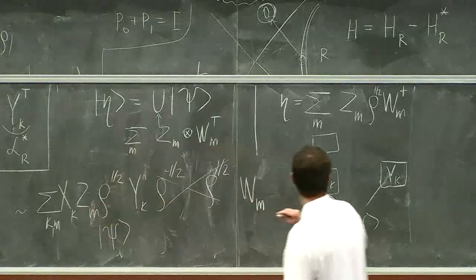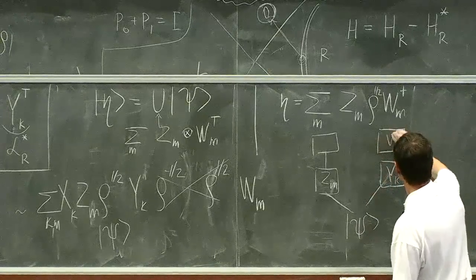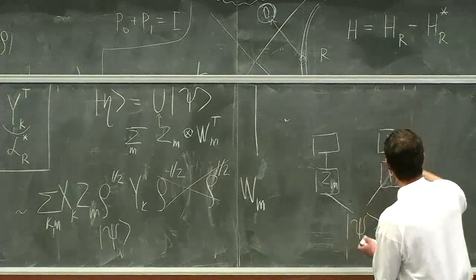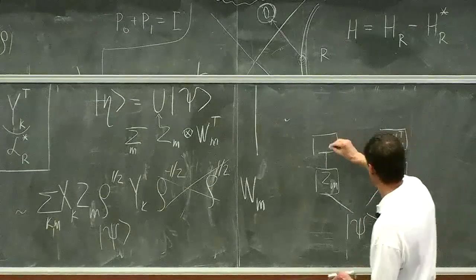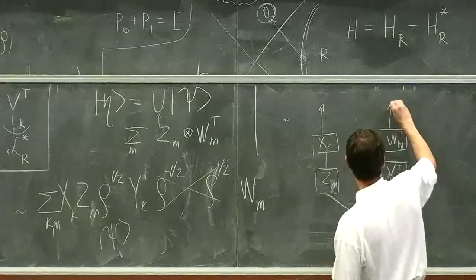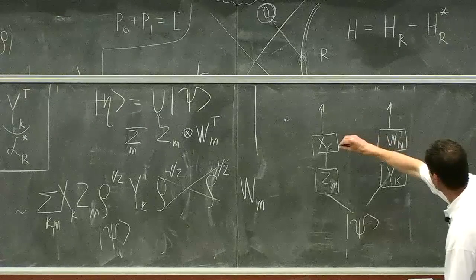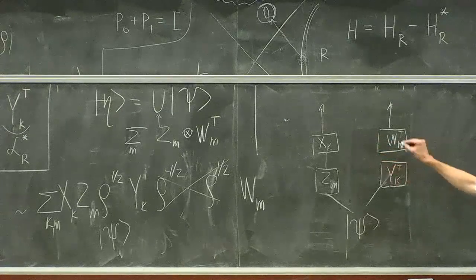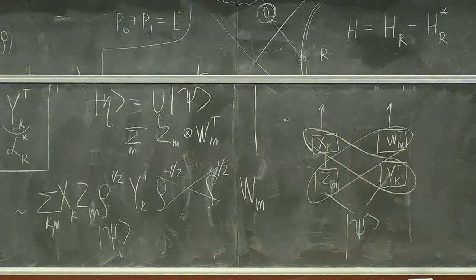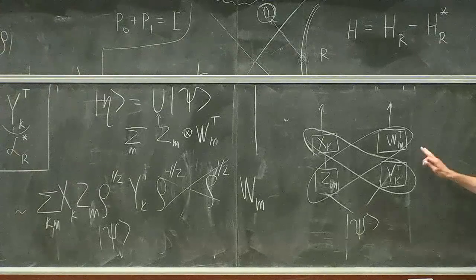Z, yeah, zm. Wm. And here it's transposed. And it's xk. And so this looks like a cross application of two unitary gates. This is one unitary gate, and that is another unitary gate. And since they are applied in such an unusual way, the result is not unitary, but it's a well-defined result.